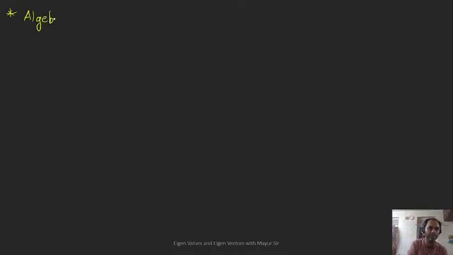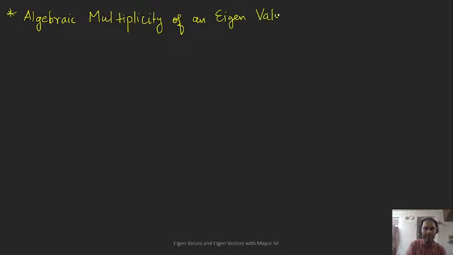So this is the concept, algebraic multiplicity of an eigenvalue. Now this is a very easy part, but geometric multiplicity is a slightly twisted version.